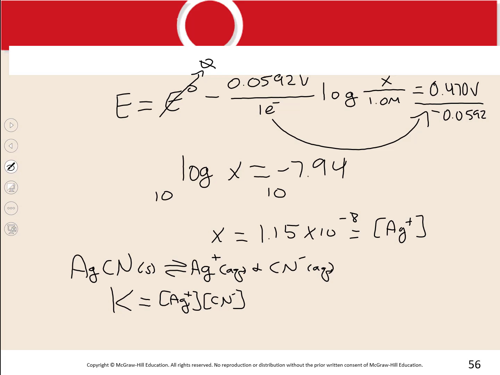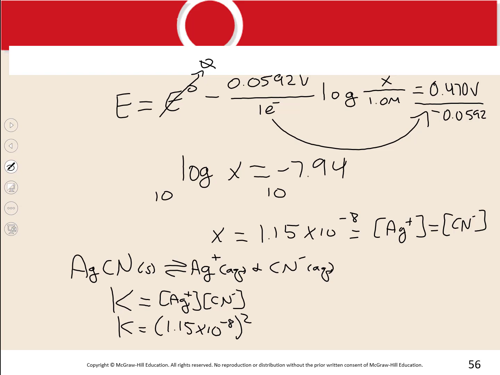I can use stoichiometry. What's the ratio between silver and cyanide here? 1 to 1, which means that if silver is 1.15 times 10 to the negative 8, then cyanide is also 1.15 times 10 to the negative 8. So K is just going to be equal to that 1.15 times 10 to the negative 8 squared, because you're multiplying it by itself.